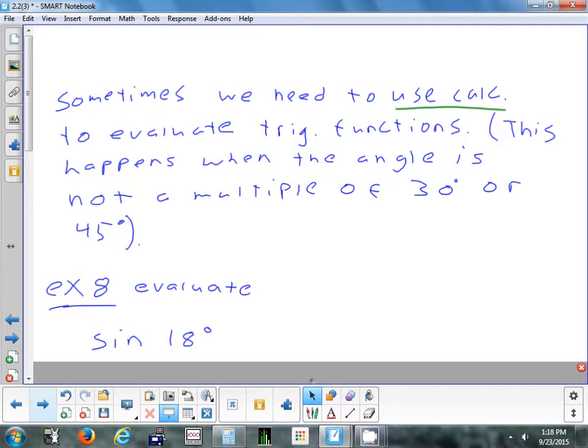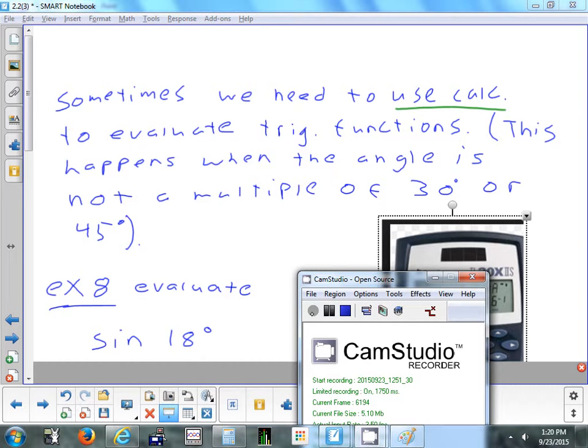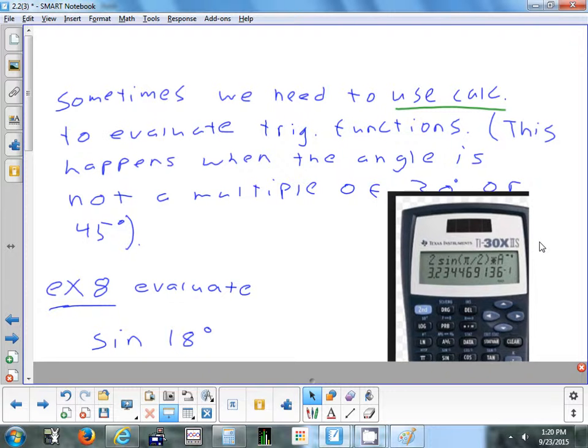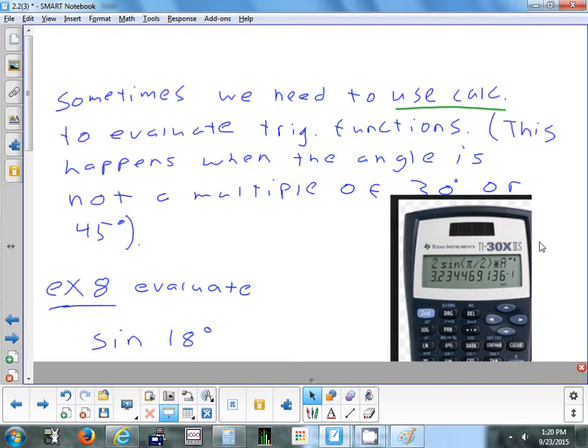Okay, on your calculator, and everyone's is a little different, we have to look at the angle and see what units we're in. What unit is this first angle in? Is that radians or degrees? That's degrees. So if you're using a scientific calculator, the ones that look like this, up at the top they have a button that says DRG.